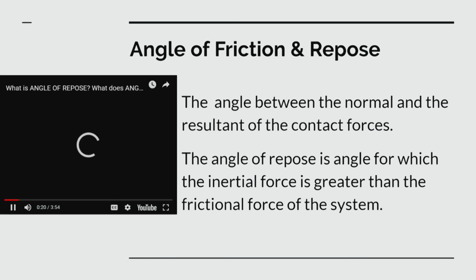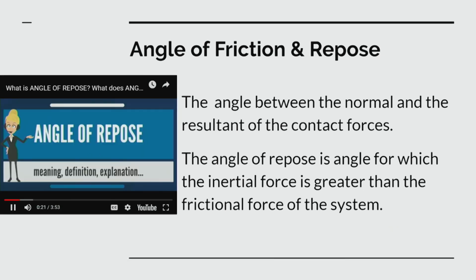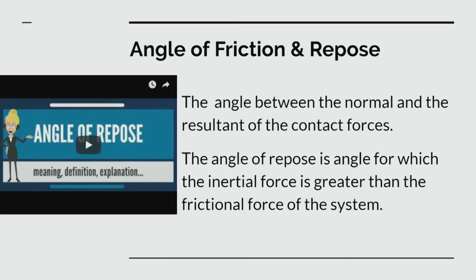The other thing which you should know is what is called the angle of repose of a granular material. It is the steepest angle of descent or dip relative to the horizontal plane to which a material can be piled without slumping. At this angle, the material on the slope is on the verge of sliding. So the angle of friction plays an important role. It tells whether the object is about to slide or is at rest, depending upon the force.